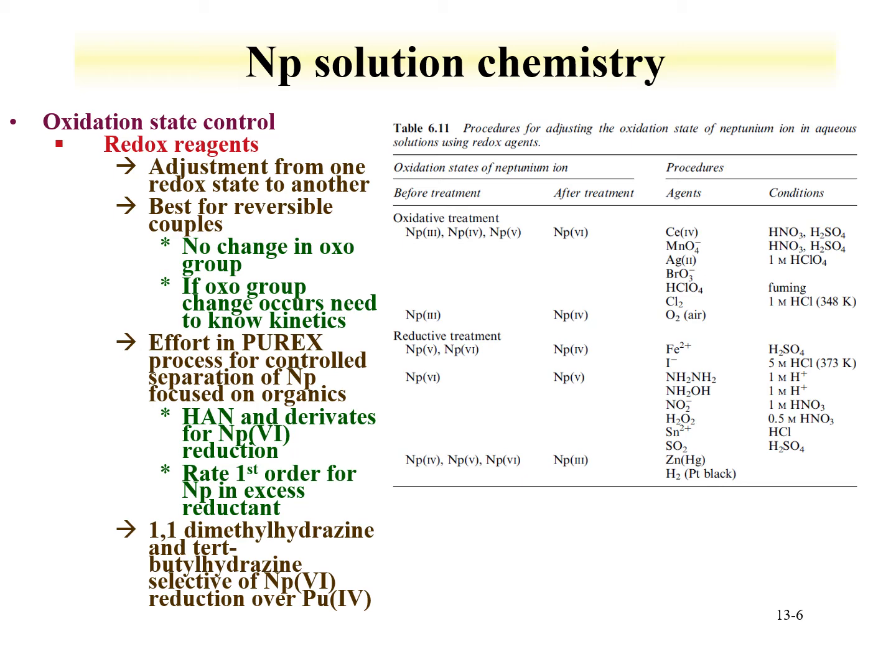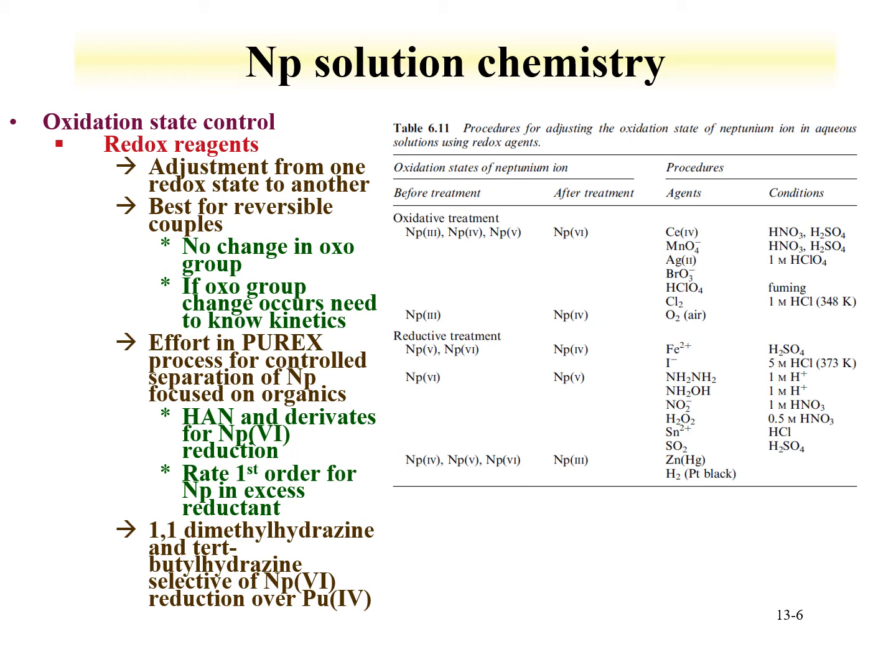This information is important particularly in separations, where in separation systems they may not want neptunium to extract. Neptunium-5 will not extract in a PUREX environment with tributyl phosphate. However, if neptunium oxidizes to the 6 or reduces to the 4, it can extract.